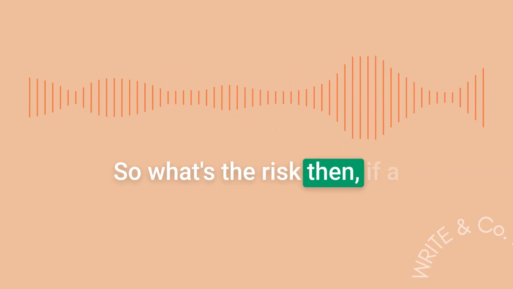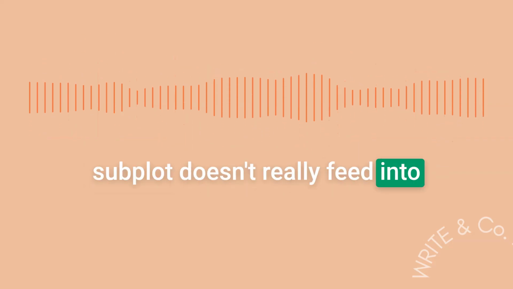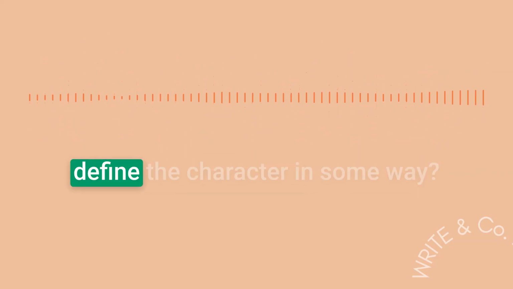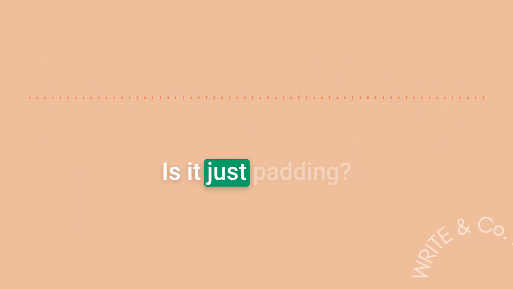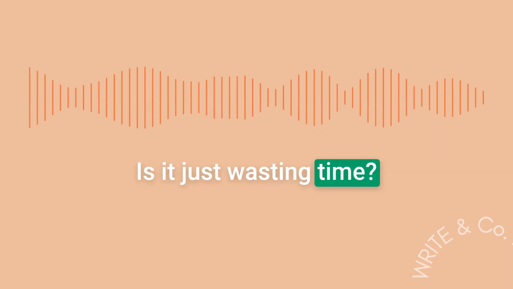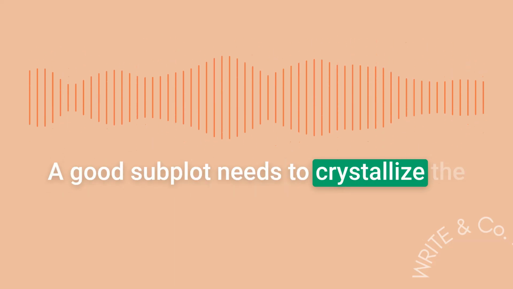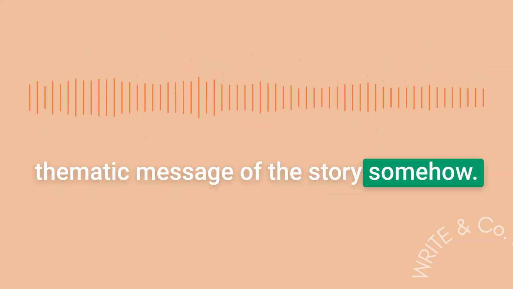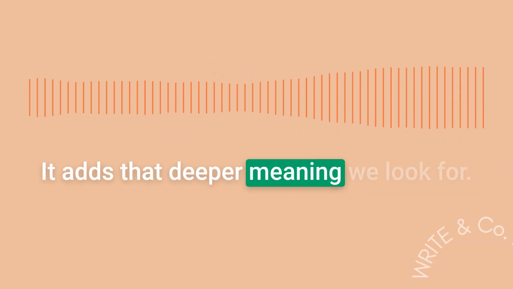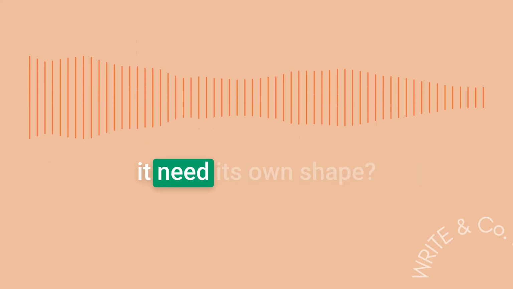So what's the risk if a subplot doesn't feed into that transformation or doesn't define the character in some way? Is it just padding? Is it just wasting time? It absolutely risks being just a loose thread. A good subplot needs to crystallize the thematic message of the story somehow. It adds that deeper meaning we look for. And structurally, does it need its own shape?